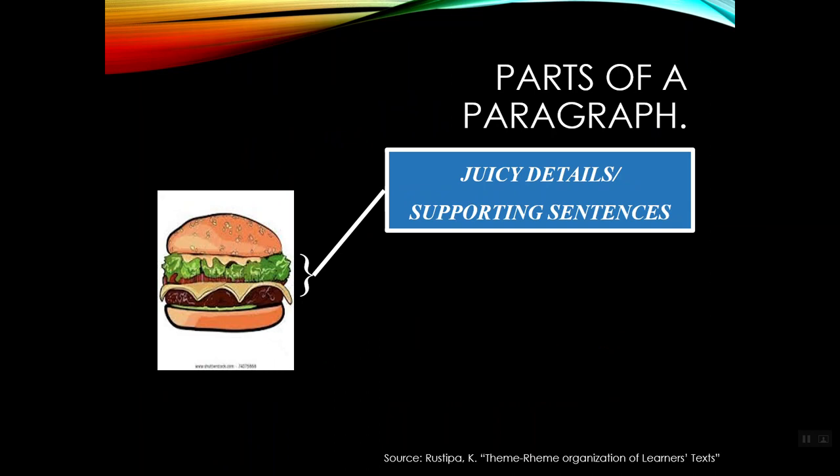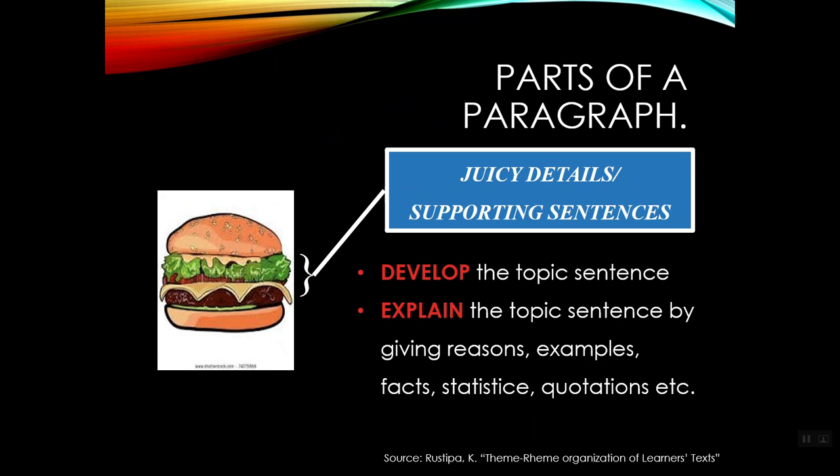The juicy details. That's really important because they are the supporting bits that support the topic sentence. So in the juicy details, you develop that idea by giving examples. You have many ways to explain why you say things in such a way, by giving facts, statistics, quotations.